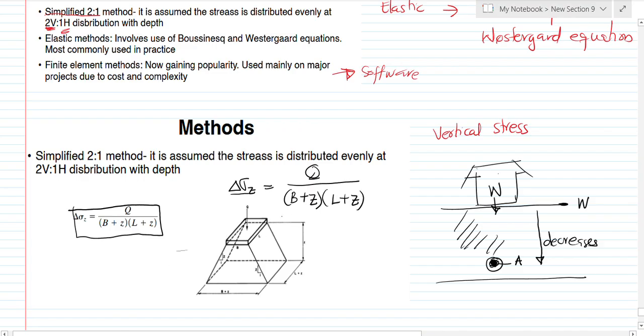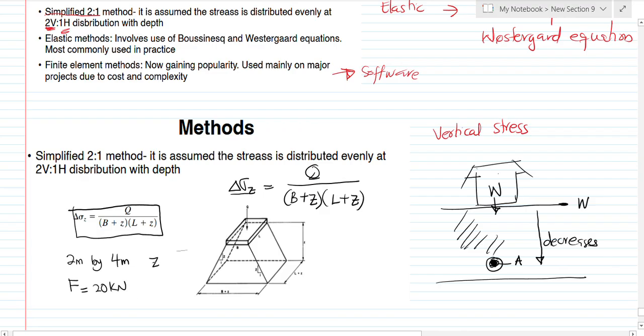So assuming I have a foundation with dimensions, let's say 2 meters by 4 meters, and that foundation is acted upon by a force, the weight of the structure, let's say it's 20 kilonewton.